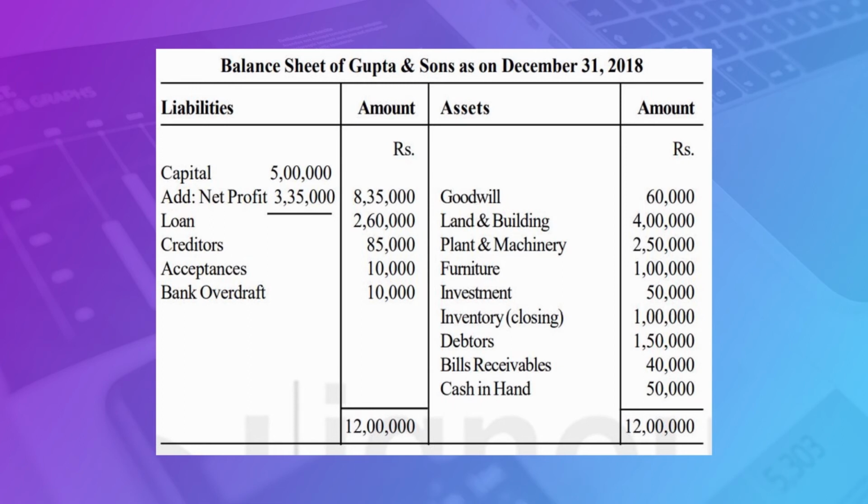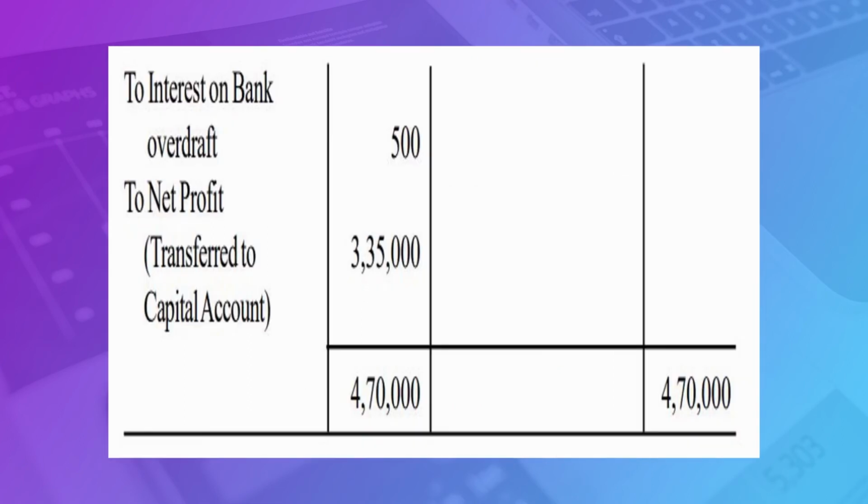So, the amount of capital is given in the trial balance, rupees 5 lakh, add net profit 3,35,000. If you go back and see the profit and loss account, we come to know that the firm has earned a net profit of rupees 3,35,000. Therefore, this amount will also be added to the capital.